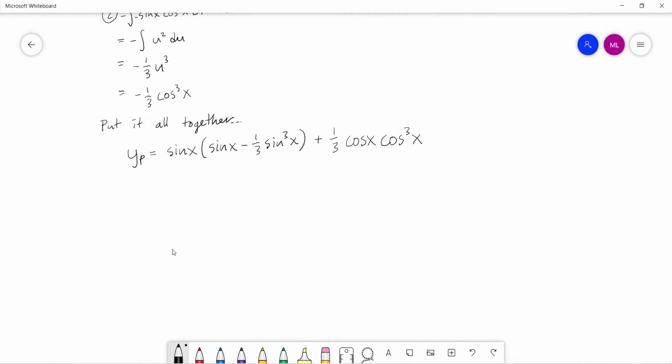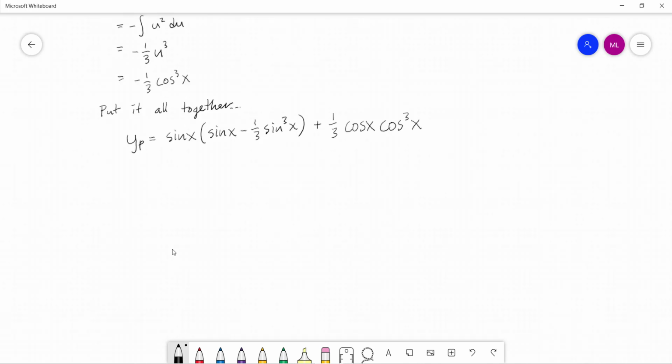And now we can come in here and simplify the rest of the way. So what do we get? I see a sine squared of x minus 1/3 sine to the 4th of x plus 1/3 cosine to the 4th of x. So there's a big ugly mess.